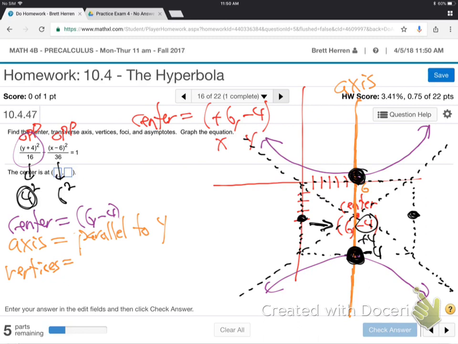I've got to take the center coordinate, which has an x, an over, and an up, down. And I'm going up 4 and down 4. Why up and down 4? Because that's what's underneath y. It's 4. Remember how that always tells you up and down in all these equations. So I'm going to add 4. What, -4 plus 4? 0, right? So that's going to be 6, 0.